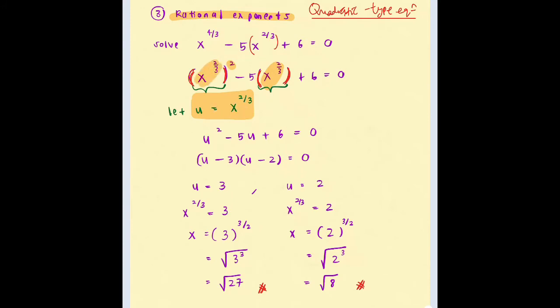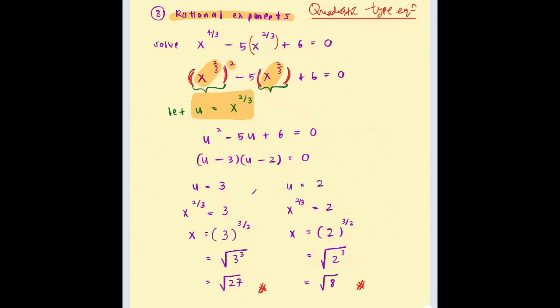So now we will have u squared minus 5u plus 6 equal to 0. So this is a normal quadratic type. That's why this equation is named a quadratic type equation.